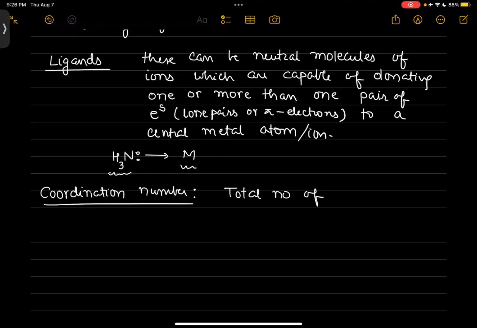From the definition also you can make out the number of bonds between whom.